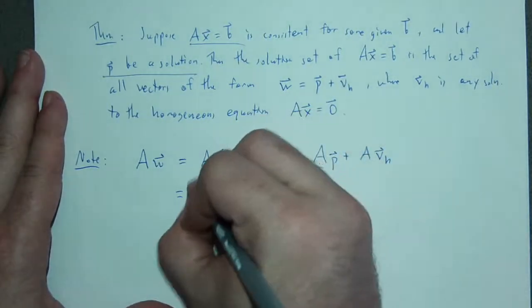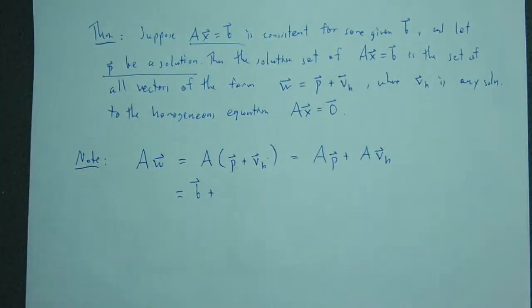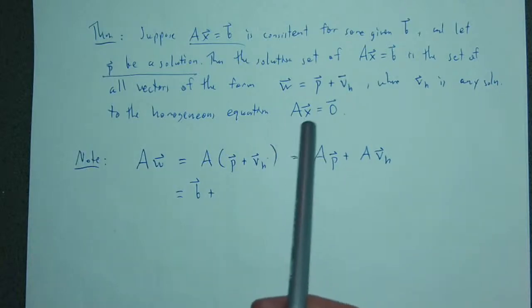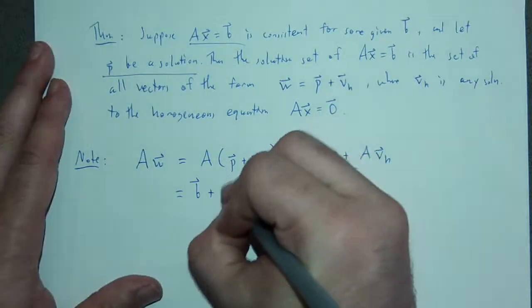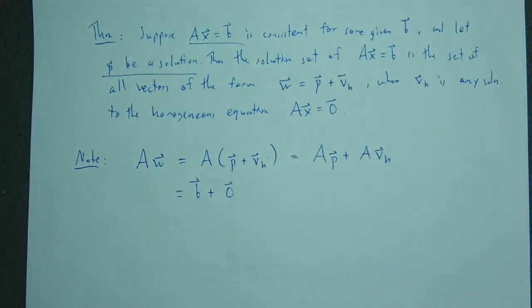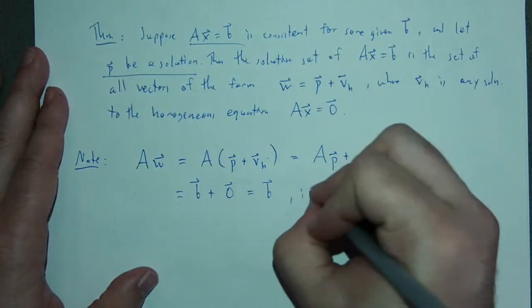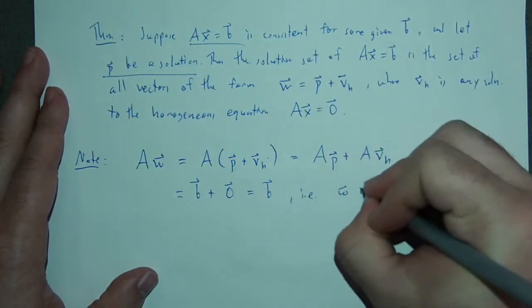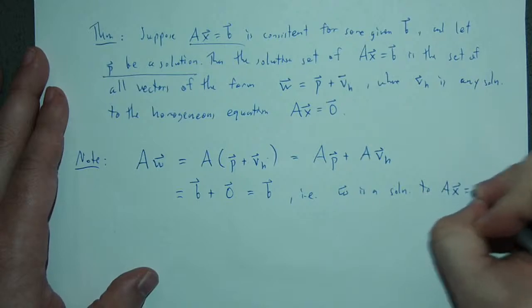So this is b plus, what is A times v sub h? v sub h is a solution of the homogeneous equation Ax equals 0, which means that A times v sub h is 0. This is b plus a zero vector, which is b, i.e. w is a solution to Ax equals b.